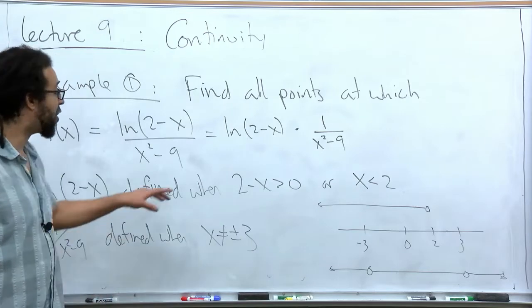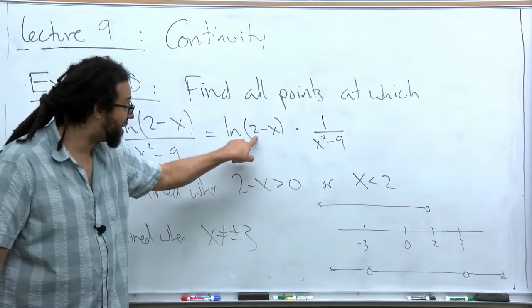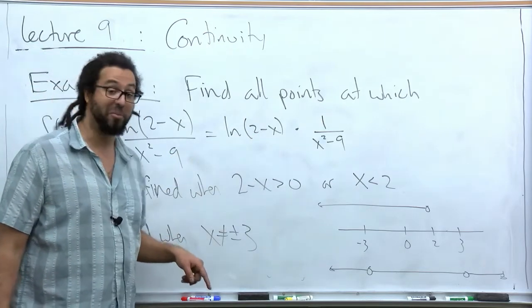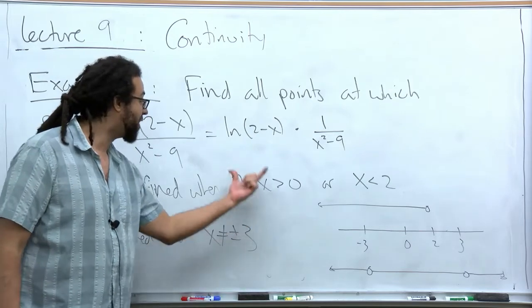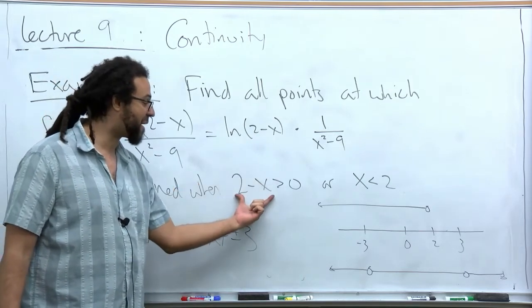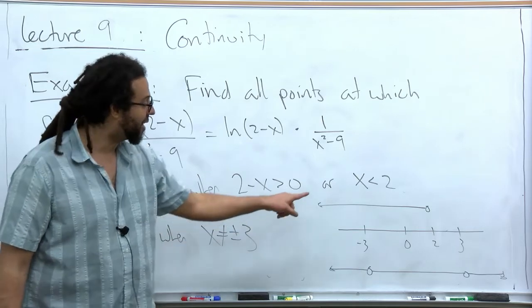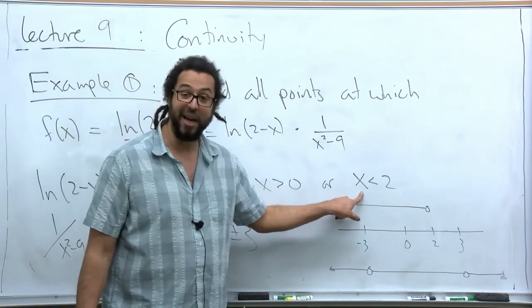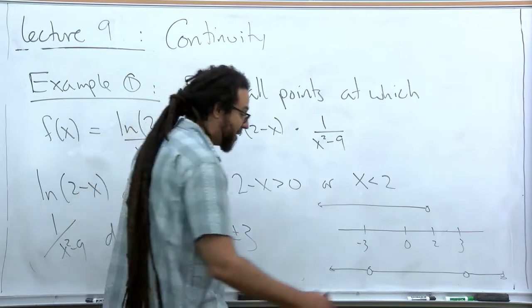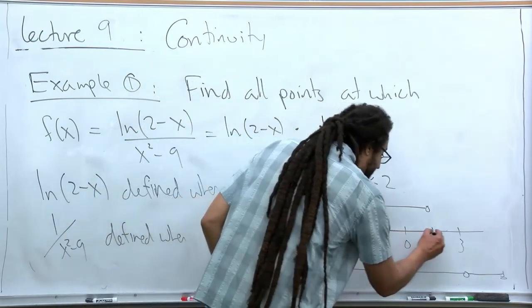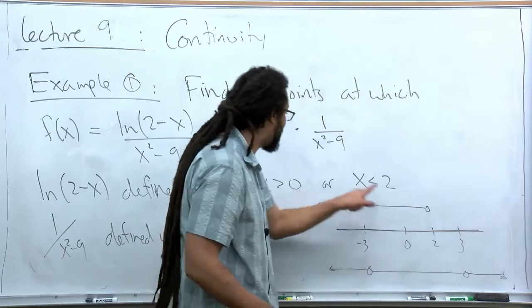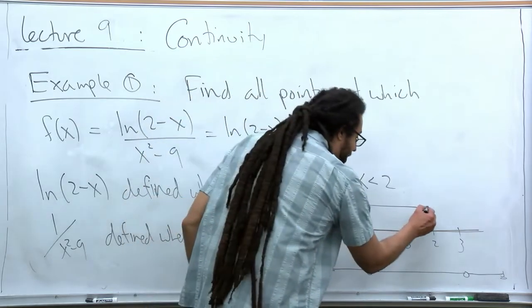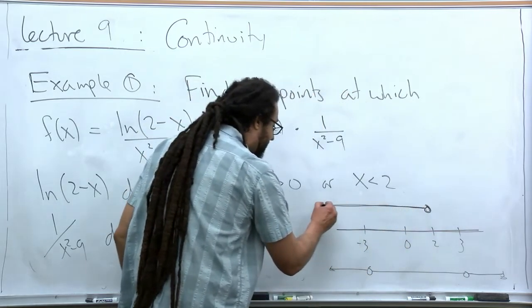We know that the logarithm is defined whenever the thing in the parentheses is bigger than 0. So this is good when 2 minus x is bigger than 0. In other words, if I add x to both sides, x must be less than 2. So on my number line, the domain of this first piece is all of the x's strictly less than 2.